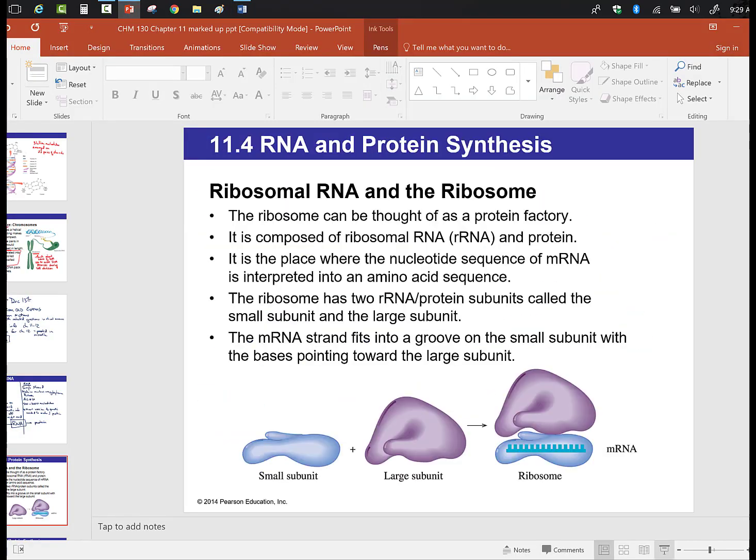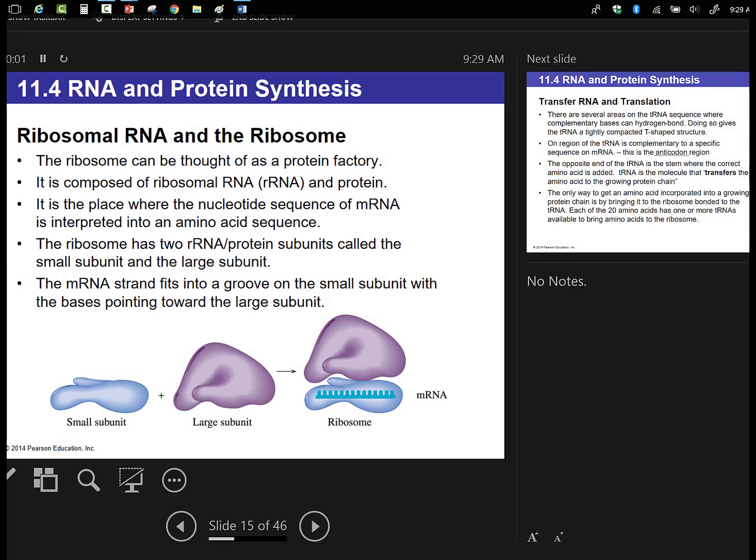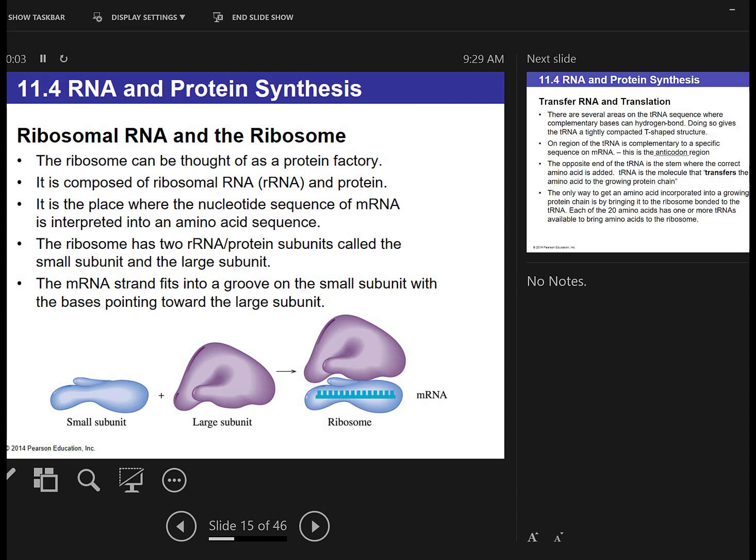The first one is this ribosome. So a ribosome is actually a mixture of RNA and protein. So these two things together form this kind of double subunit molecule. And I'm not going to lie, it looks like a hamburger bun to me. That's just the way that I always think about it.